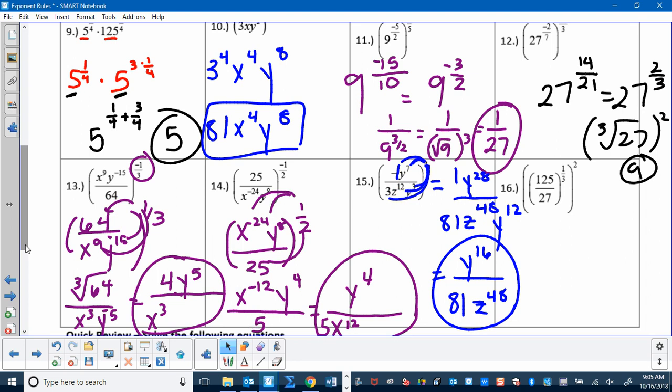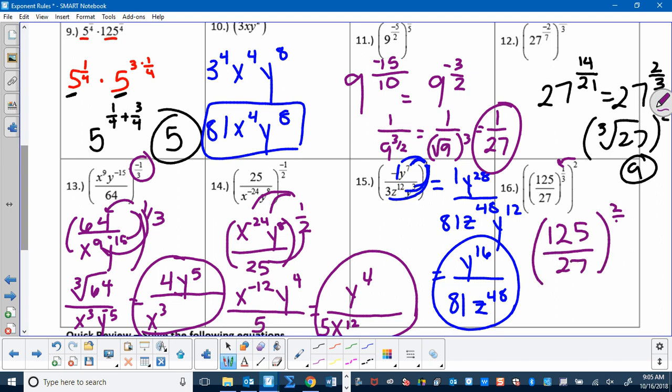Okay, last question on this page. What are we doing here? Yeah, I don't think this one's that bad. If you distribute, because I did tell you to distribute first, it would be 125 over 27 all to the 2/3 power.